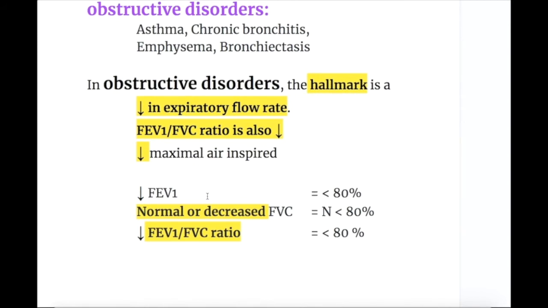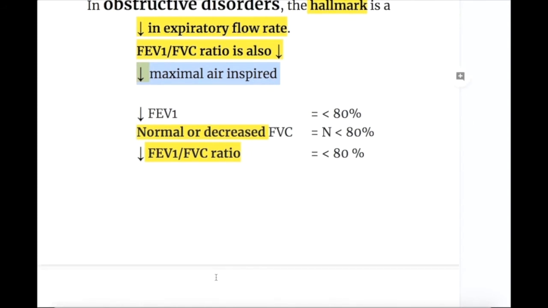The hallmark is a decrease in expiratory flow rate. Also, the FEV1 to FVC ratio is decreased, and there is a decrease in maximal air inspired. So in obstructive disorders, FEV1 is reduced to less than 80%, with normal or decreased forced vital capacity, and the FEV1 to FVC ratio is reduced to less than 80%.